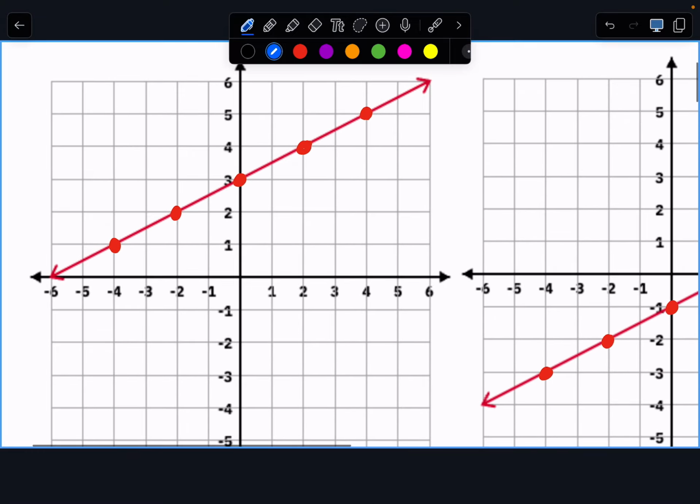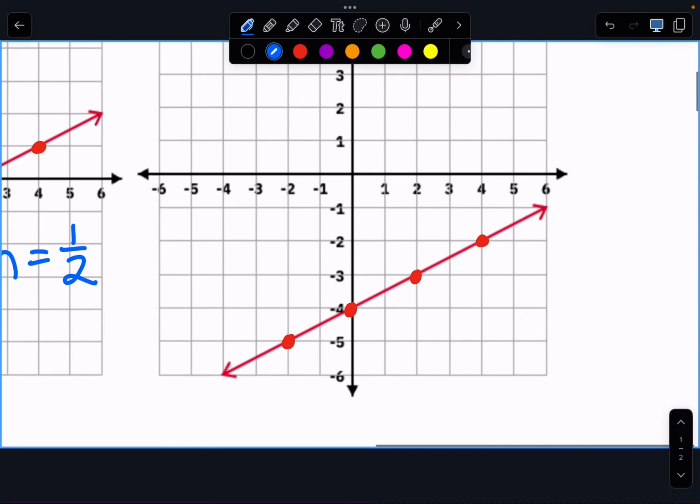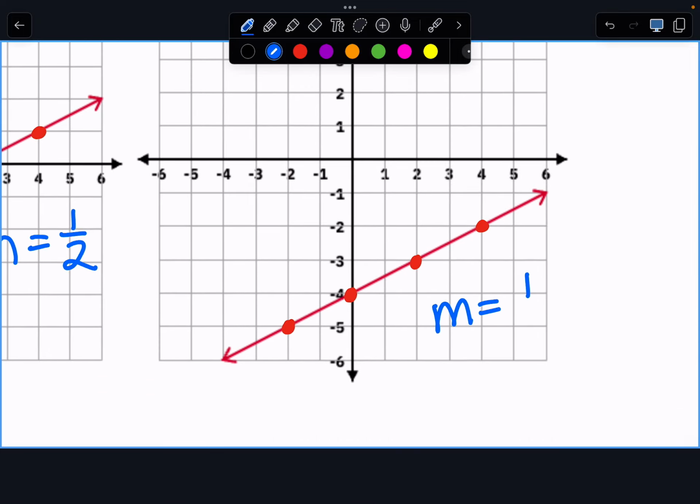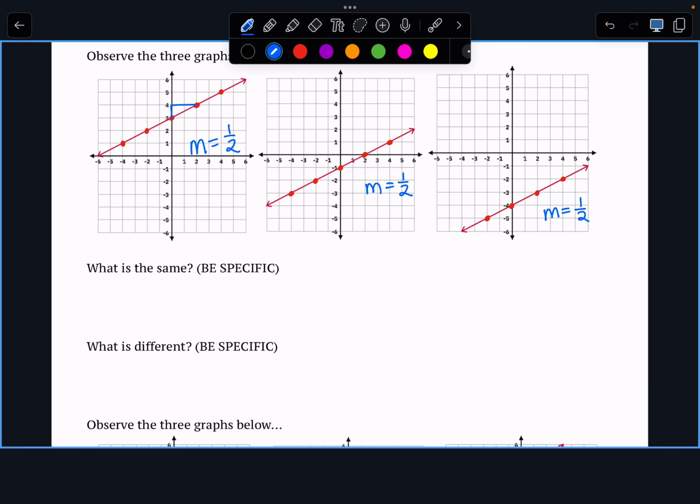What is the slope of this line? Up 1/2, right? What's the slope of this line? Oh, up 1/2. What's the slope of this line? Up 1/2. So specifically, all three of these graphs have the same slope, okay?